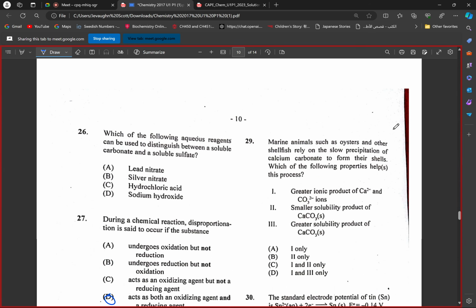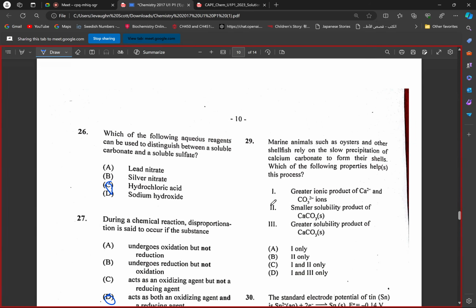Marine animals such as oysters and other shellfish rely on slow precipitation of calcium carbonate to form their shells. Which of the following properties helps this process? What's the answer here? The greater ionic product of calcium over carbonate, smaller solubility product or greater solubility product.